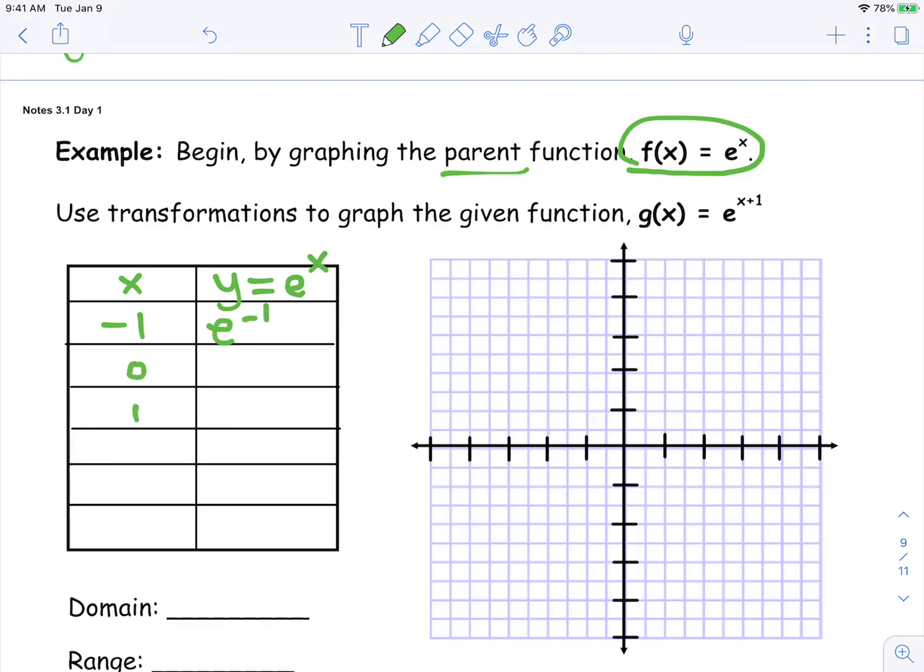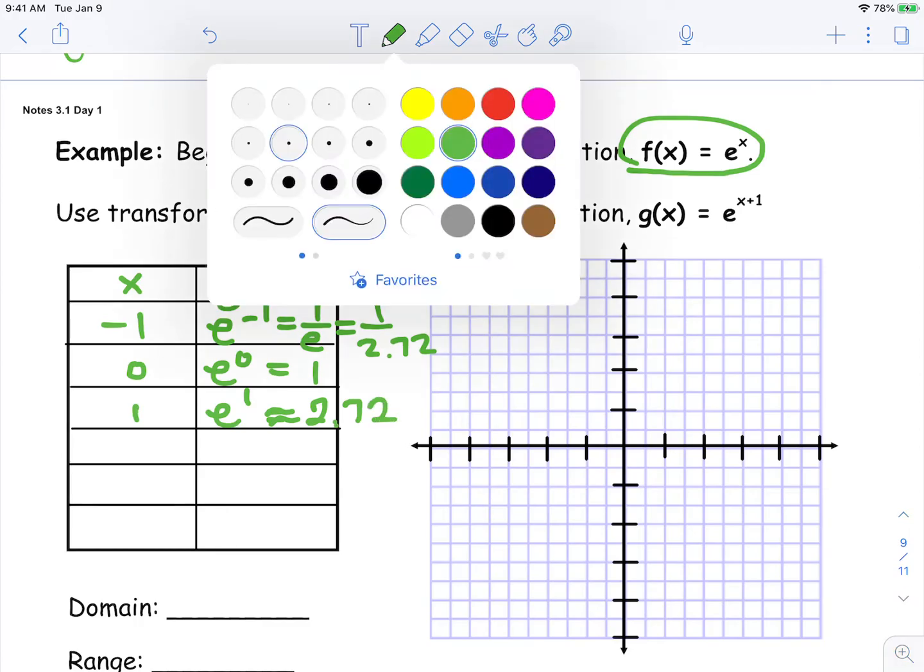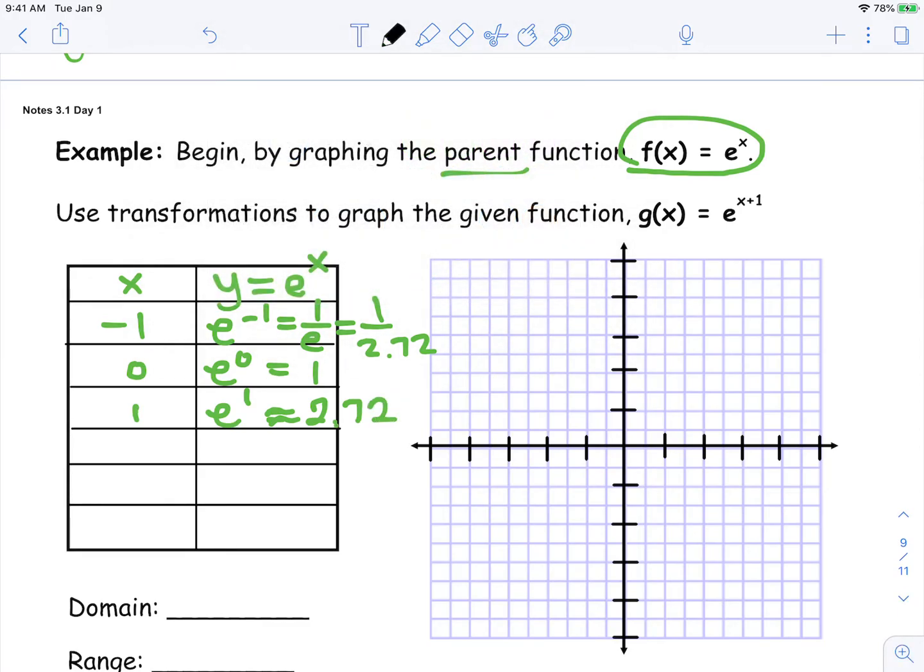E to the -1 power is 1 over e, or 1 over 2.72. E to the 0 power, anything raised to the 0 power is 1. And then e to the first power is approximately 2.72. So we're going to graph that parent function.